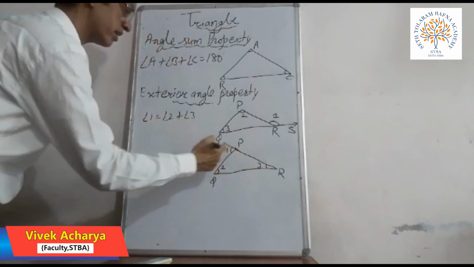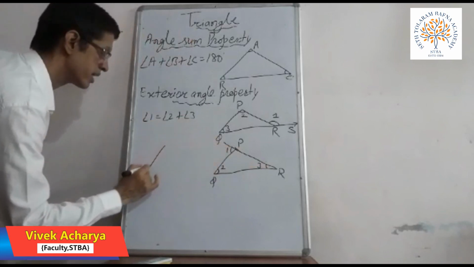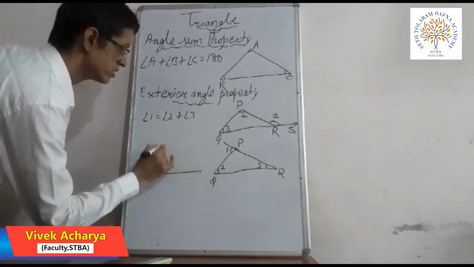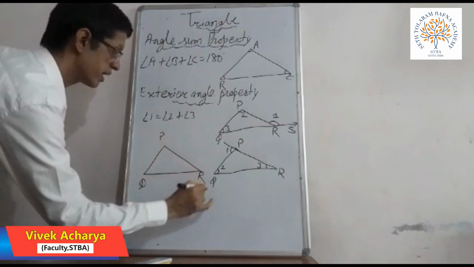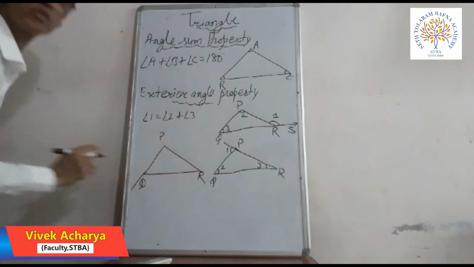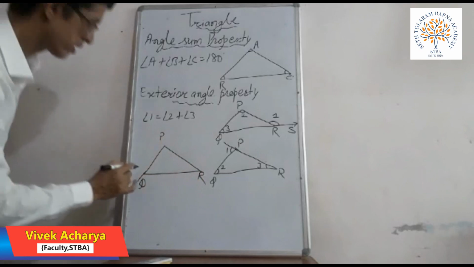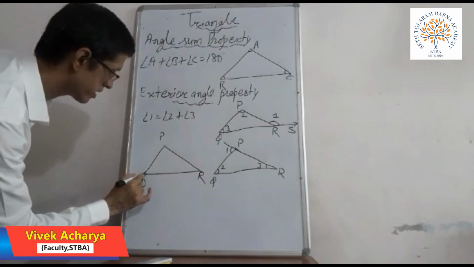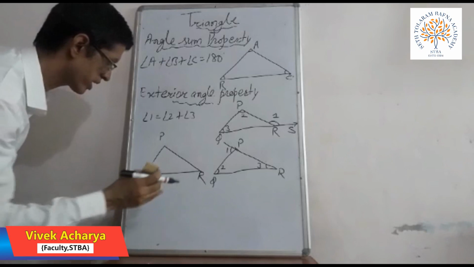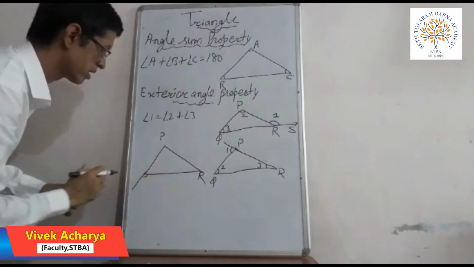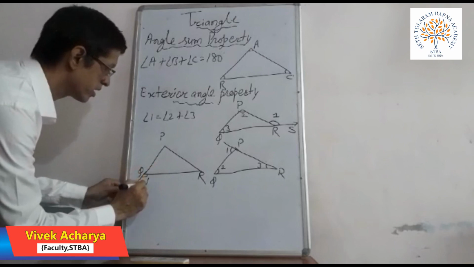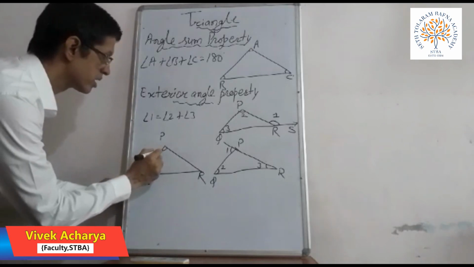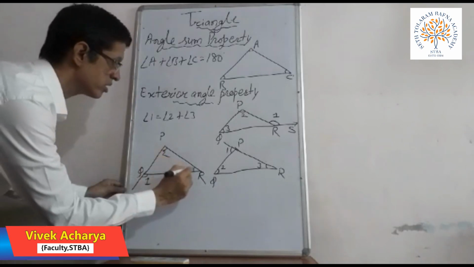And if I extend this one side, for example, this is the PQR triangle and I am extending this side, okay? Now you can see the exterior angle is forming here. So you will say this is angle 1 and the opposite angles are this one, 2 and 3.